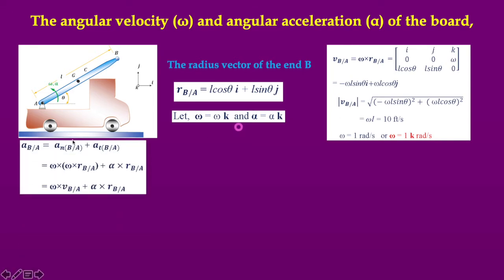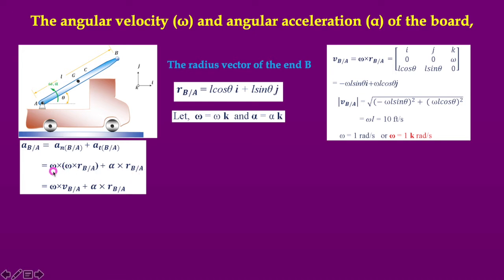Let's find out. We know for angular acceleration, as for linear acceleration, there are two components: the normal component and the tangential component. This equation we have derived in kinematics of rigid body. So the normal component is omega cross omega cross RBA, and the tangential component is alpha cross RBA.